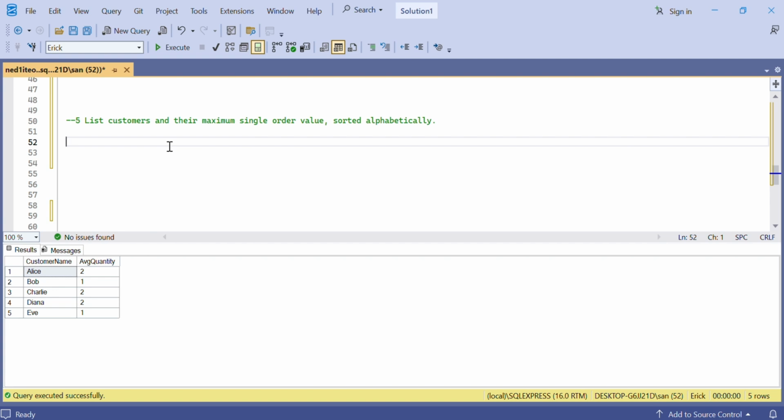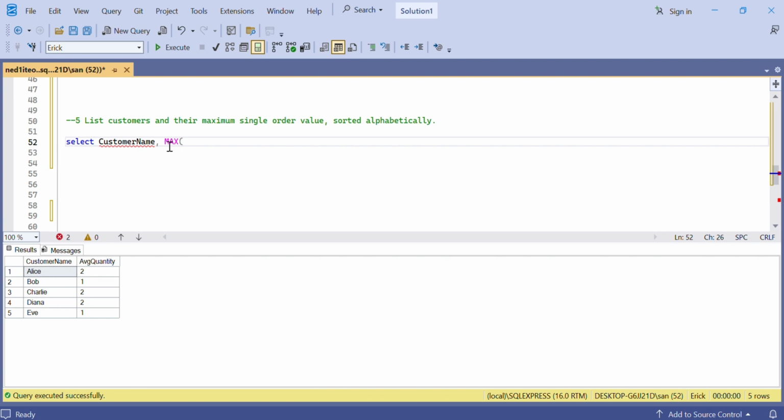So this one we will have to write select customer name, and then we are finding the maximum. So for maximum value, we'll have to use the function called max. So this max represents maximum.